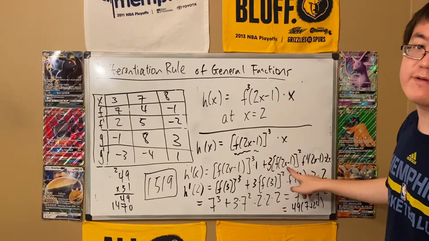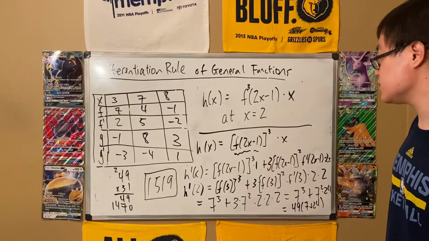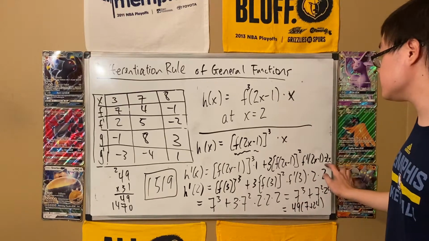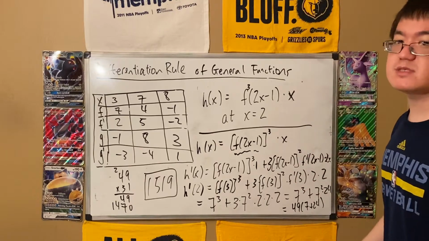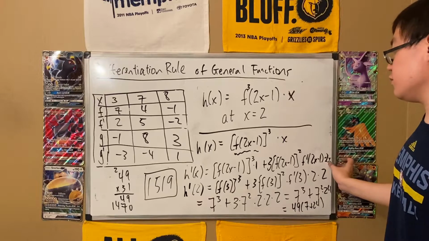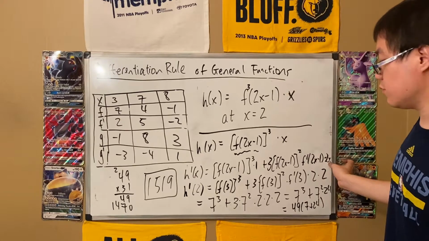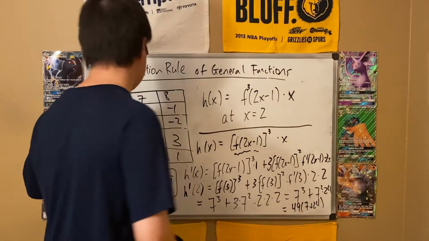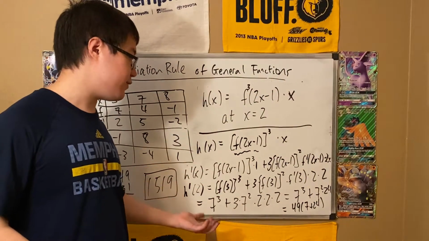We multiplied the derivative of f of 2x, which is f prime of 2x minus 1. And then furthermore, we multiplied the derivative of 2x minus 1, which is times 2. We didn't forget this times x because I was keeping the same from the product rule. So the times 2 was part of the chain rule. This times x was because of the product rule. Then we plugged in 3. Unfortunately, when we plugged in 3, we got 7, and 7 is a massive number.